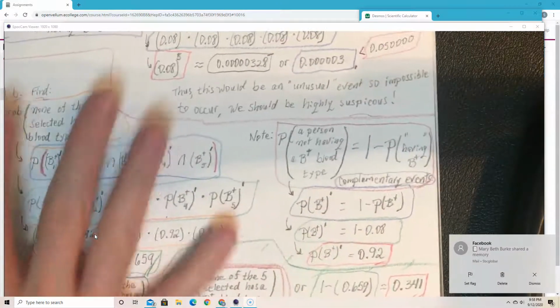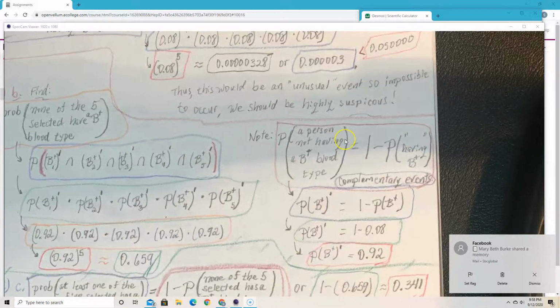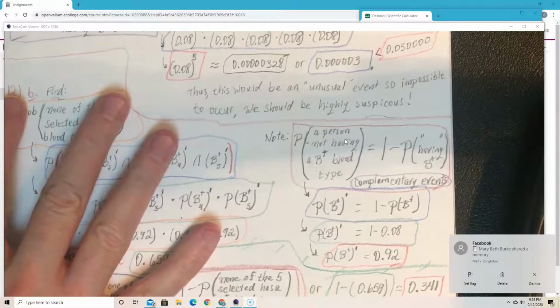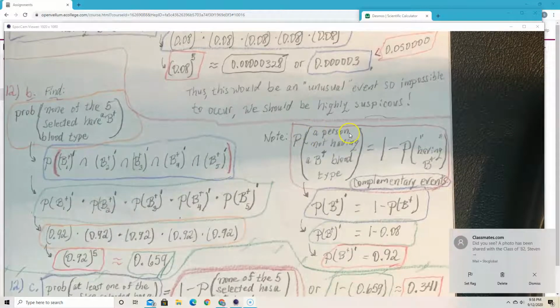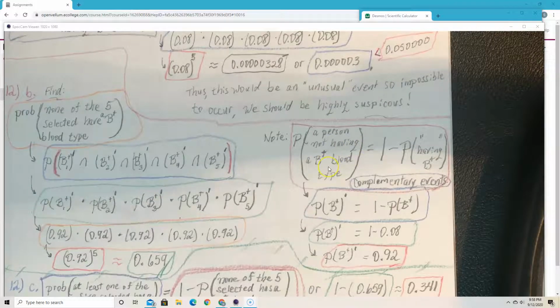Note over here, the probability of a person being selected in the United States and not having a B positive blood type. Well, that's the complement of having B positive blood type. This and this are complementary events.